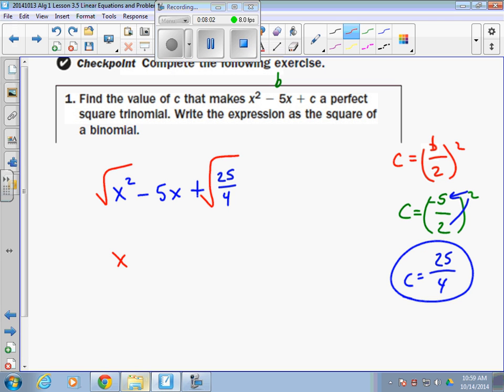We can separate that into the square root of 25, which is 5, over the square root of 4, which is 2. So 5/2. And then it's the sign in front of b, which is minus, and the whole thing is squared. (x minus 5/2) squared. If you FOIL that out, you're going to get back to x squared minus 5x plus 25/4.